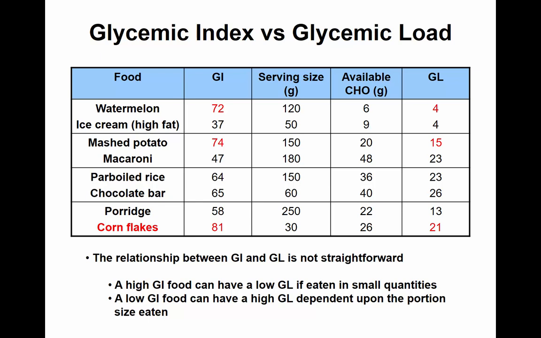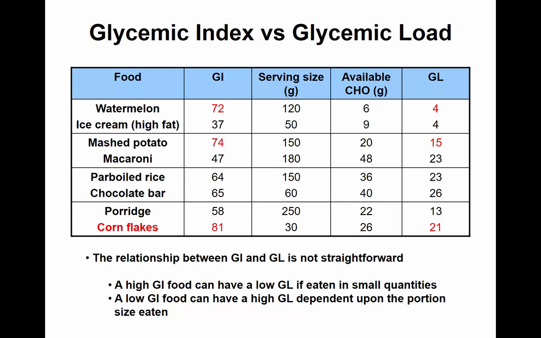So again, you need to consider both GI and GL in order to determine how a certain type of food affects glycemia, the blood glucose level.